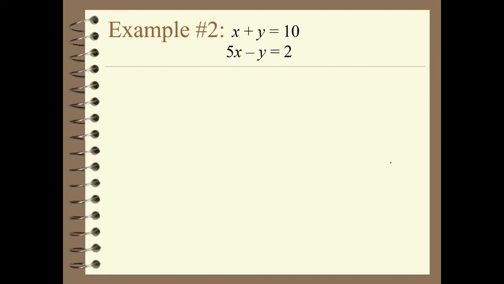Okay? Now, let's solve this one, but this time, I'm going to be having x plus y is equal to 10. This time I will transpose y. So x is equal to negative y plus 10. This is now equation number 3.